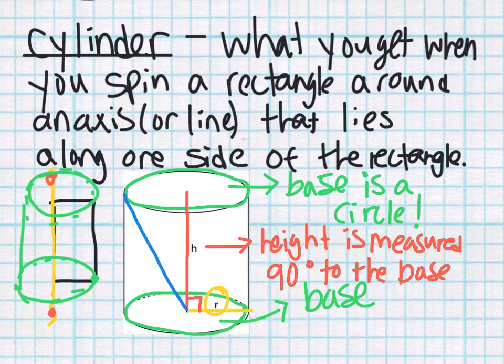That's not 90 degrees, the blue line. That would be measuring not 90 degrees to the base. And if you think about it, this blue line is probably bigger than this red line, isn't it? Because this is a triangle. So don't do this one. Wrong. Do this one. And that is the height.